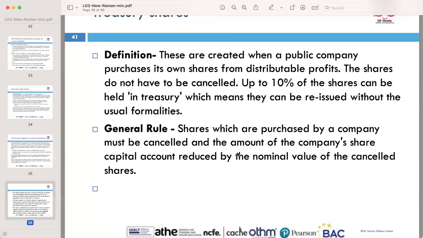There are exceptions for companies listed on the stock market or the Alternative Investment Market. Such companies can buy, hold, and resell their shares without cancelling them. If the shares are cancelled, this requires no special resolution or court authorization.